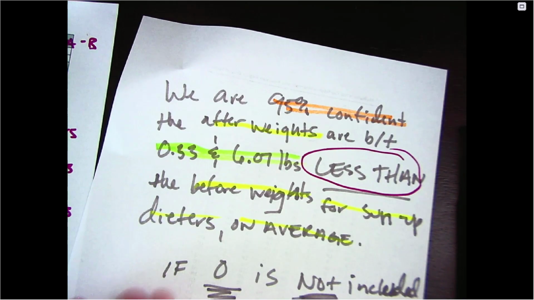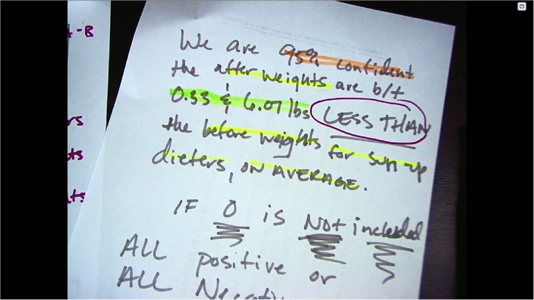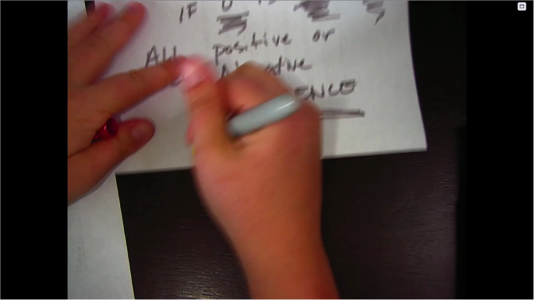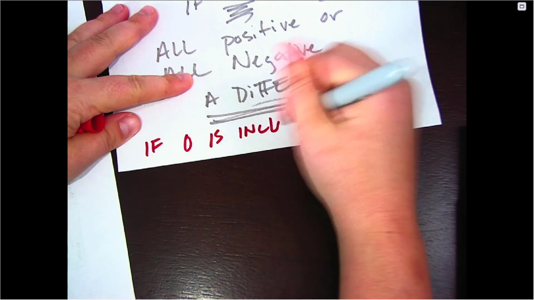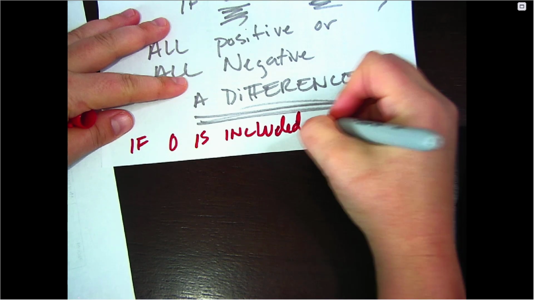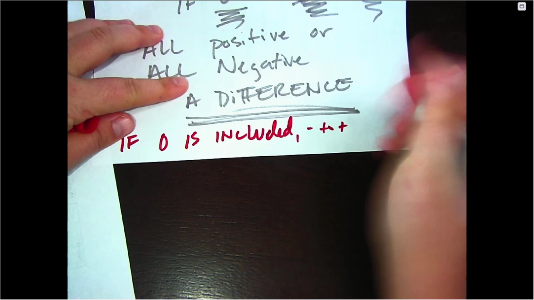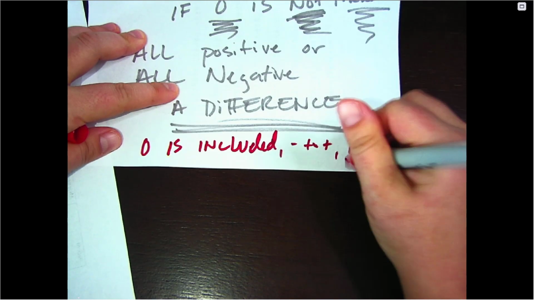However, if 0 is included, so that means it ranges from a negative to a positive, so it overlaps 0, you would say there's no evidence of a difference.